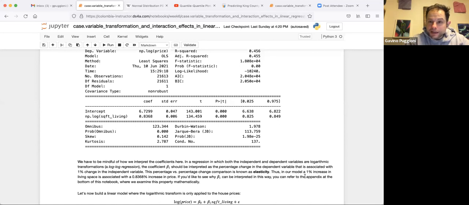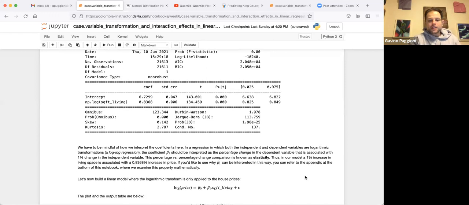We have an appendix at the end where we can go and discuss mathematically why the log transformation leads to a percentage type of interpretation. Yes, Viviana, the elasticity is the percentage change divided by the percentage change. So it's the percentage change of the y divided by the percentage change of the x.